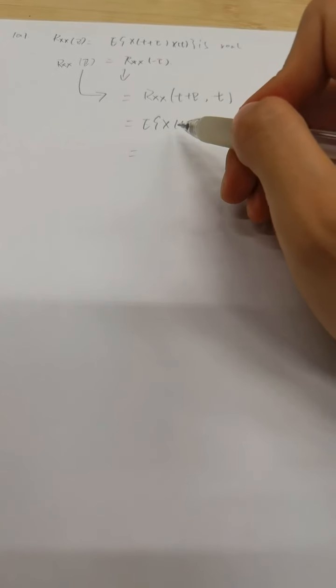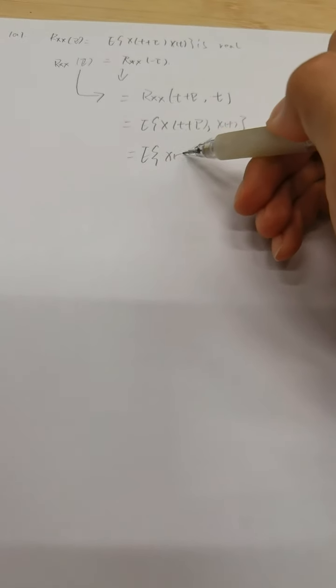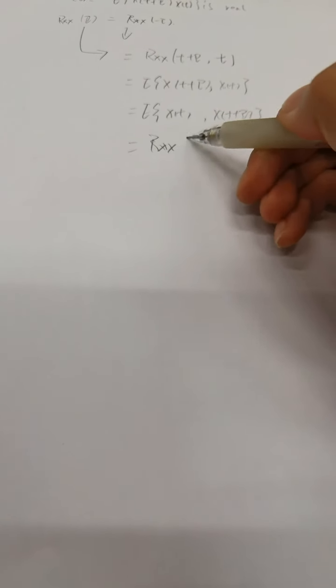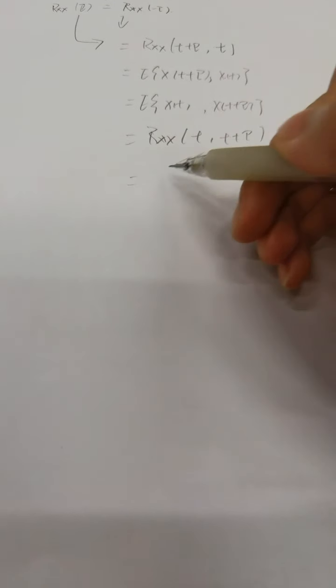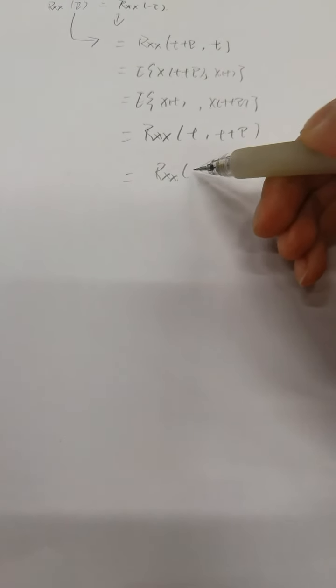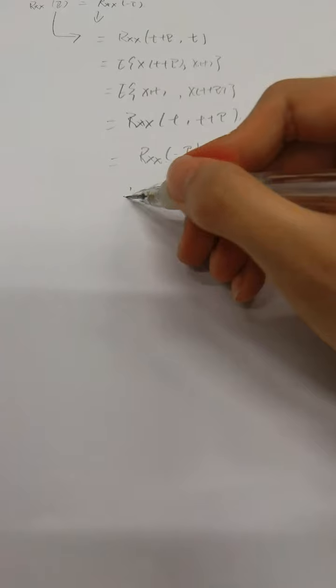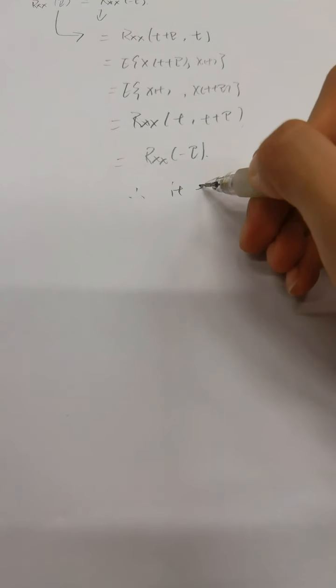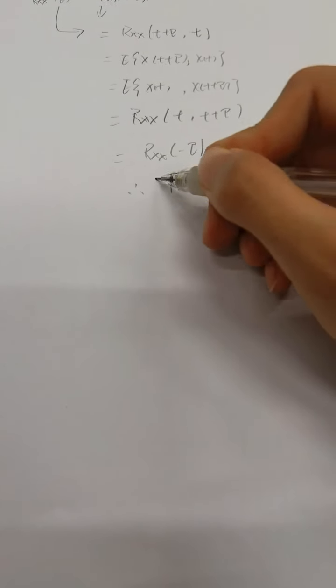As we know, we can exchange these two parts, so it is equal to E[X(t)X(t+τ)], which is equal to Rxx(t, t+τ). So this is equal to Rxx of the negative τ. So we can prove that it is even. So this is for part A.